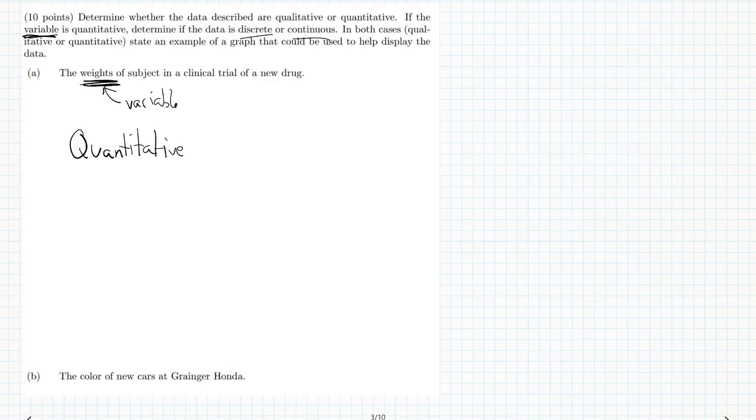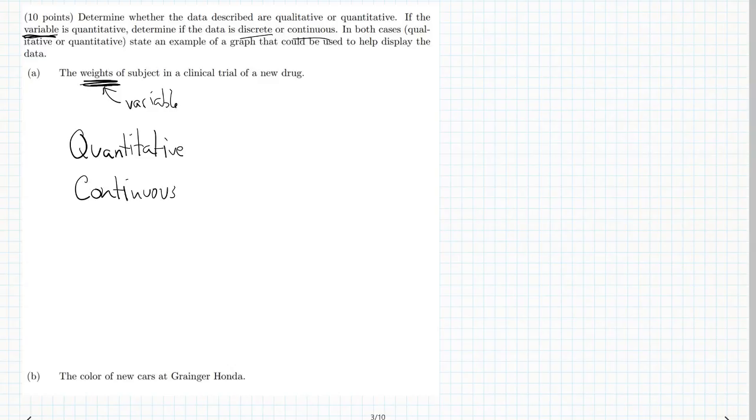Could 200.3785968 pounds be an example? Yes, it can. All of those are valid numbers for the weight. Since there's no gaps, we could go as far as we want in terms of the precision. That means that we have a continuous variable. So quantitative, we have continuous for our variable there.